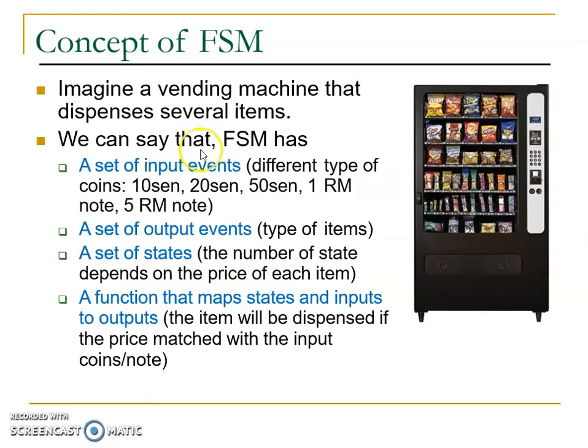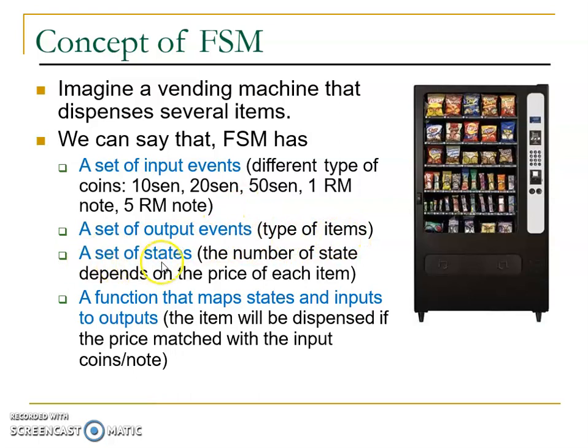Concept of FSM, we can say imagine a vending machine that dispenses several items. We can say that FSM has a set of input events, different types of coins. For example, we have 10 cents, 20 cents, 50 cents, 1 ringgit note, and 5 ringgit note. Then we have a set of output events, which we call types of items.